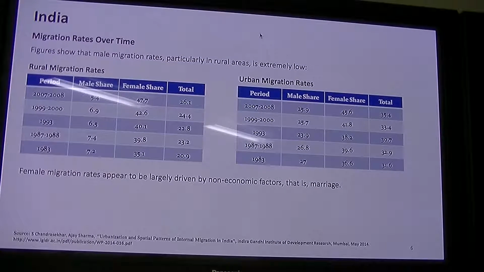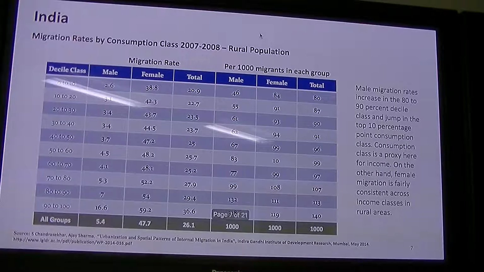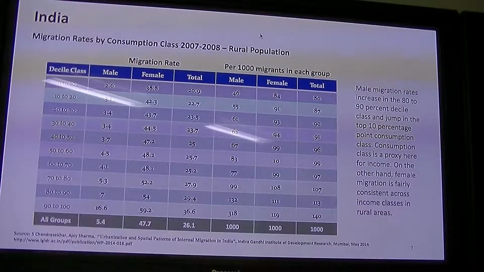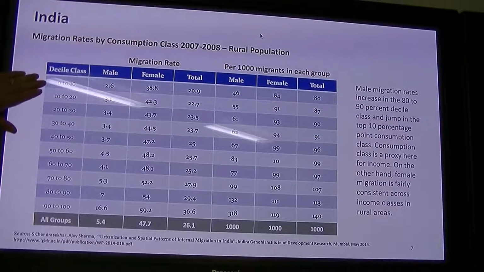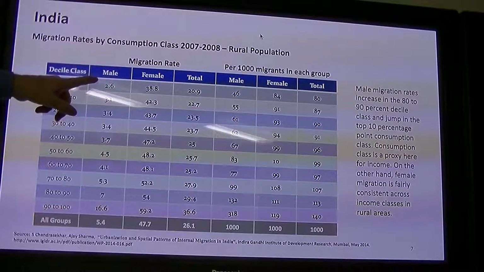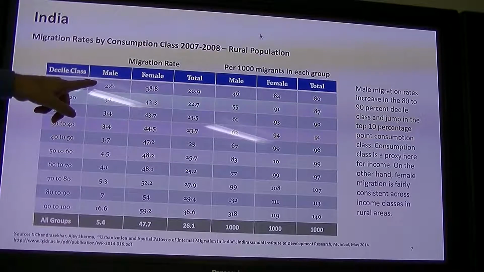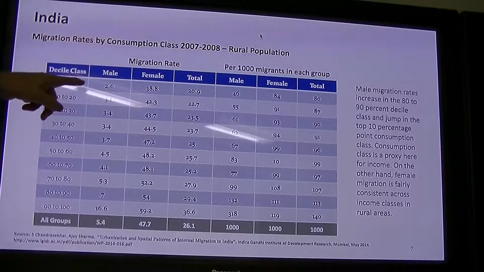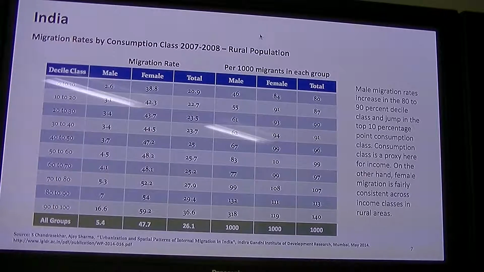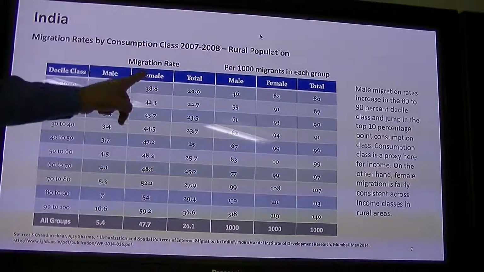But in fact, it's not the migration. This is per thousand migrants in each group, and this is by income class, from the lowest income to the highest income. And you can see the male migration rate per thousand migrants is very low.